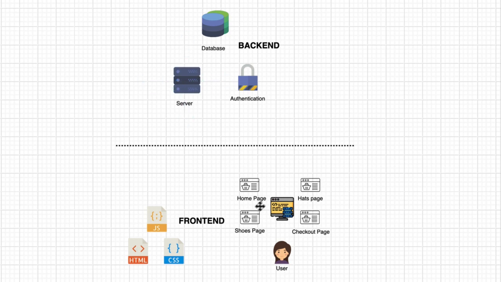Authentication is the means by which our server determines that the user that is trying to access the server or the database is who they say they are. So if our user logs into our application and they want to request, say, all of the cart items that they stored in their last session 3 weeks ago, we would generally store that information on our database so that when they come back and they log in again, they would send that request to the server with their user profile information.